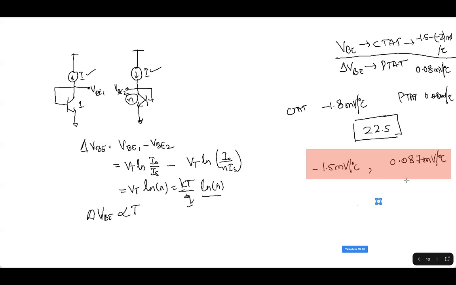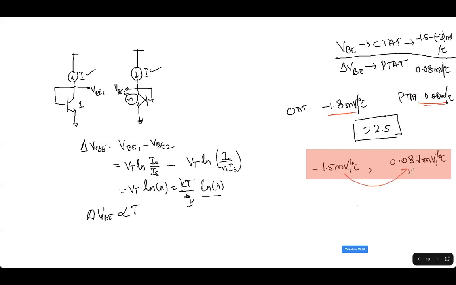What I remember from my previous batch is that the CTAT slope is somewhere around this, and PTAT is somewhere around 0.085 or something. Anyways, the ratio is somewhere around 20 to 22. So let's go ahead and look at this.